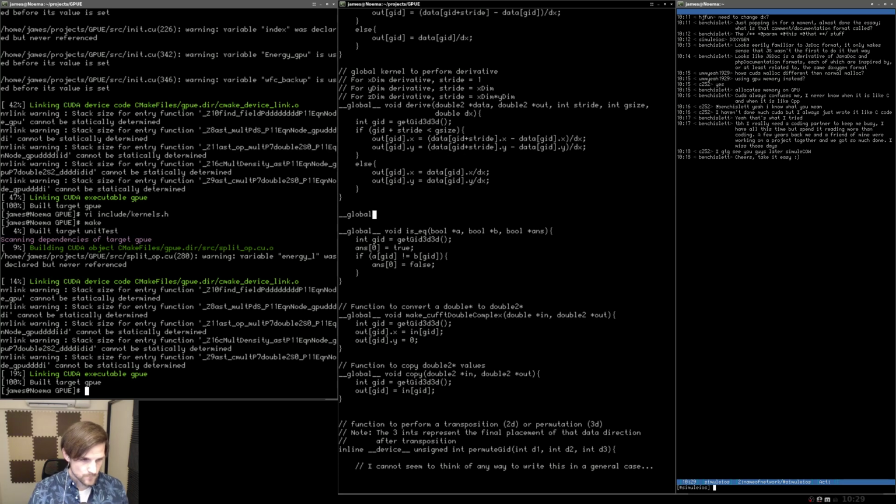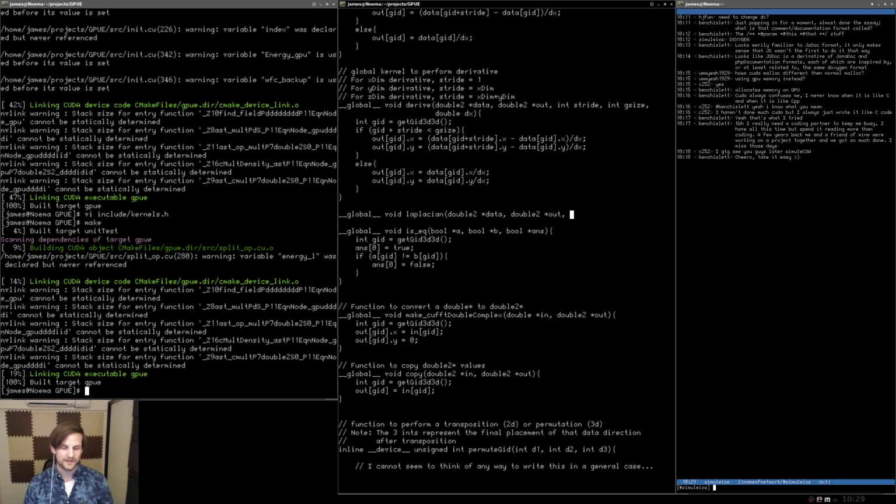So global void Laplacian. And here we're going to do double2 star data. And I guess we're going to do the same thing we did before, so double2 star output. Then I don't think we need a stride in this case, because the Laplacian is going to be along all dimensions.